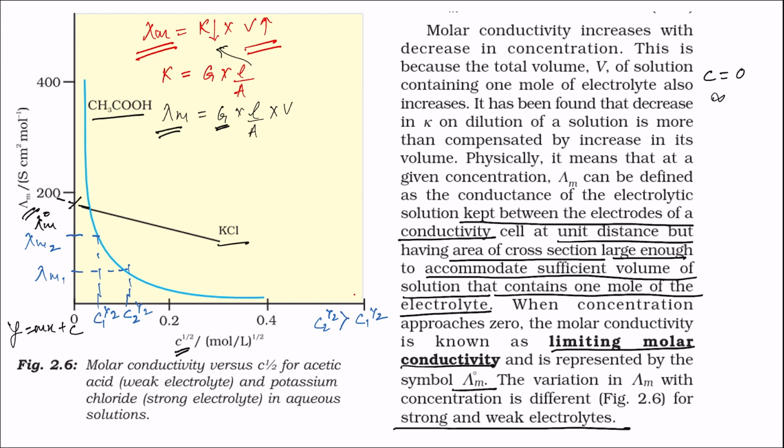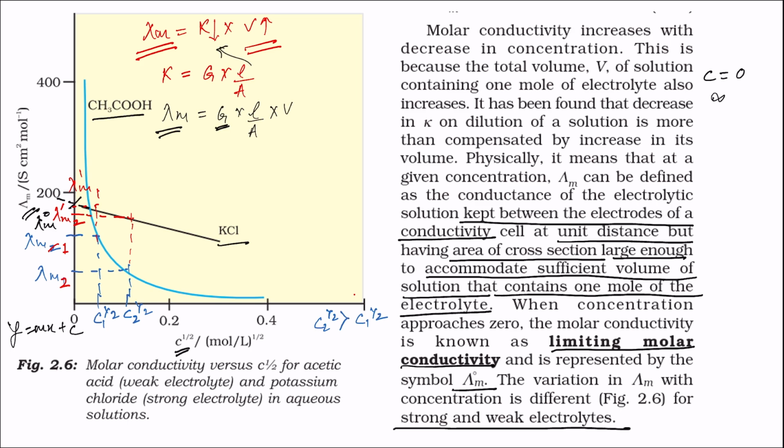Similarly, for KCl, the value of molar conductivity corresponding to concentration C2 will be lambda m dash 2, and corresponding to concentration C1 it will be lambda m dash 1.